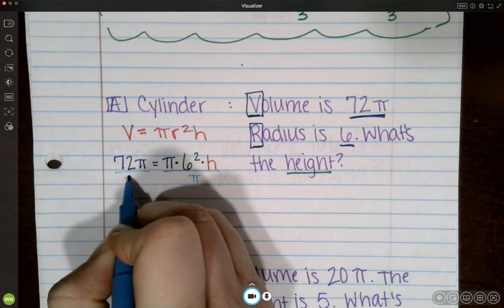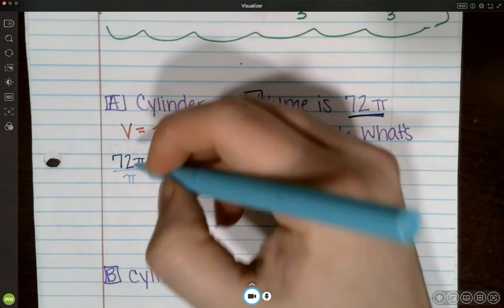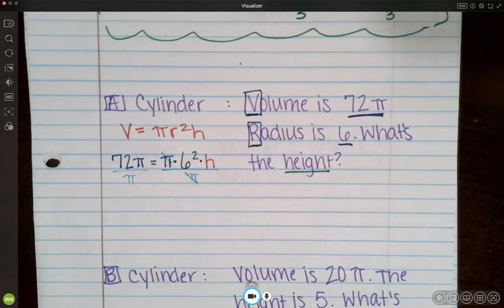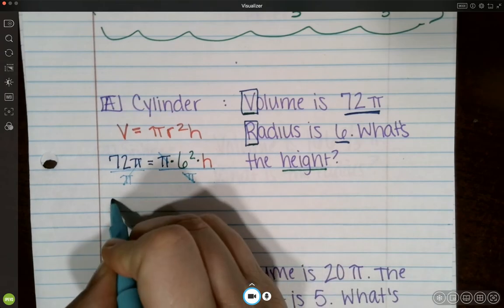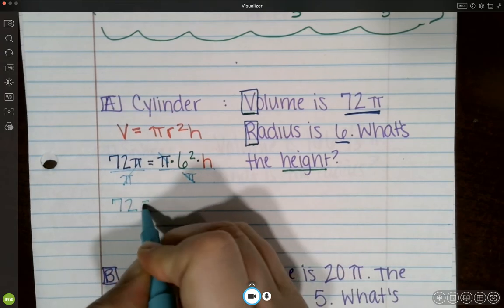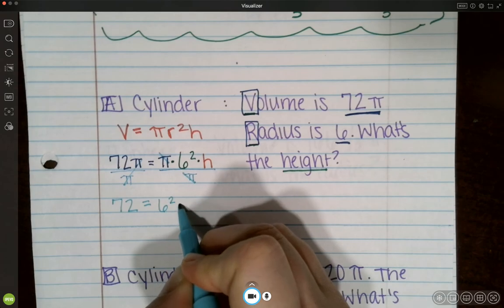What I do to one side, I have to do to the other. When I divide pi on the right, these pi's cancel, and when I divide pi on the left, these pi's cancel. So I am left with 72 equals 6 squared times height.